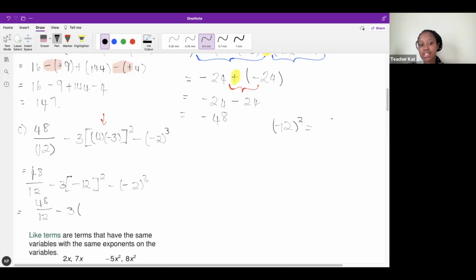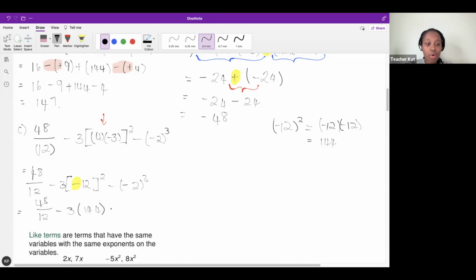So that will mean negative 12 times negative 12. And that is a nice positive 144. Do not lose marks, okay? If your negative sign is inside the brackets, like so, that means you included it when you are squaring. So it's negative times a negative, which is a positive.